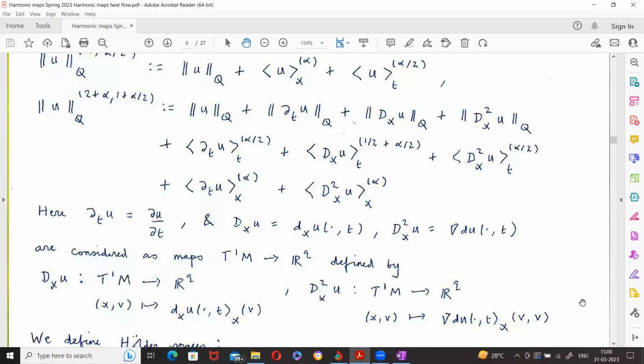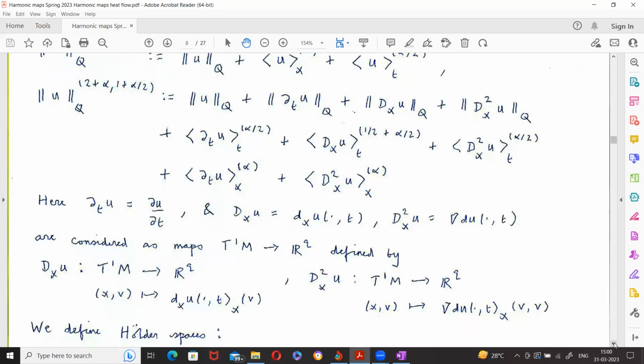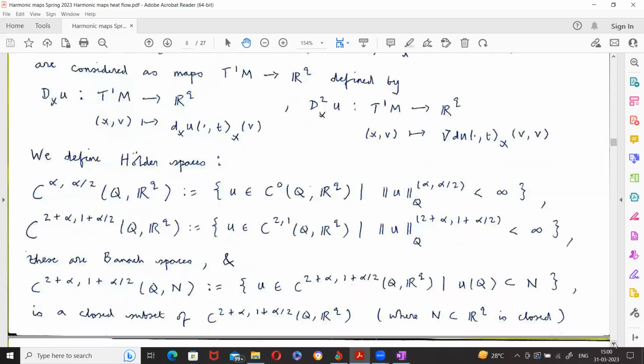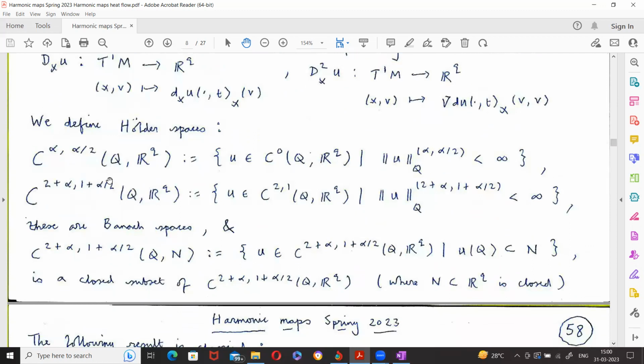All right. So that's the definition of these Holder norms. And then we can define the Holder spaces. So the C^{alpha, alpha/2} Holder space for maps from Q into R^q is the set of continuous functions u from Q into R^q such that this (alpha, alpha/2) Holder norm is finite. Okay. So that means it's going to be alpha Holder in the space variable and alpha by 2 Holder in the time variable.